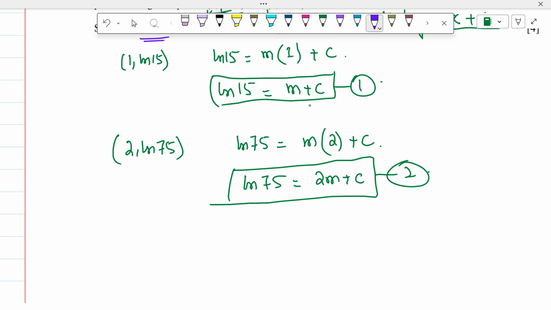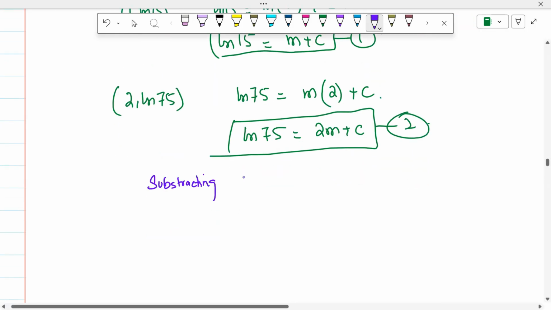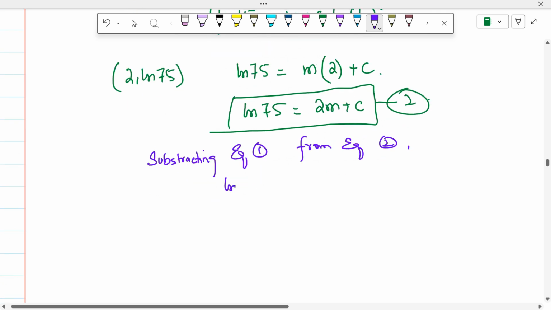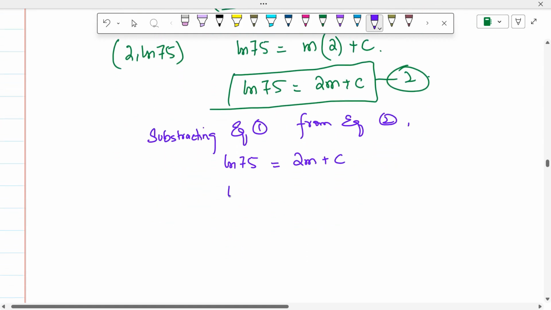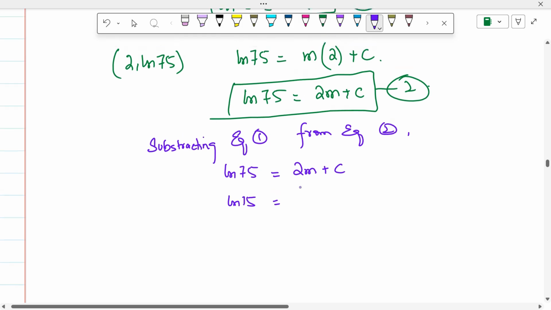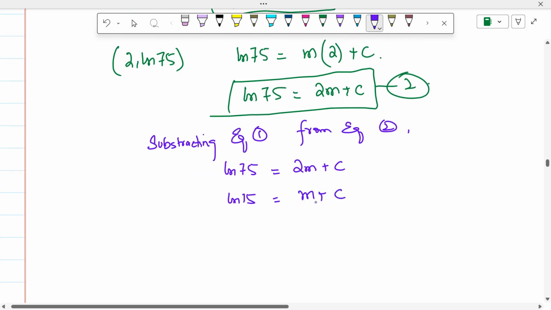So subtracting equation 1 from equation 2: ln 75 is equal to 2m plus c, and ln 15 is equal to m plus c.